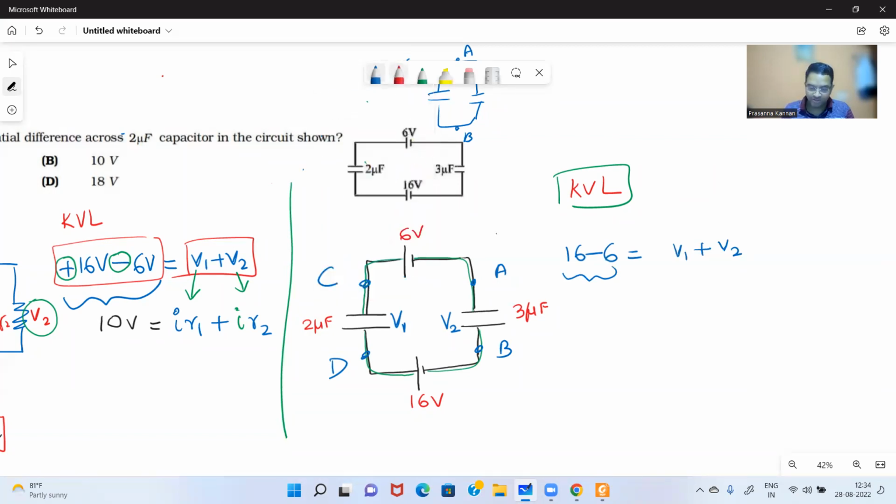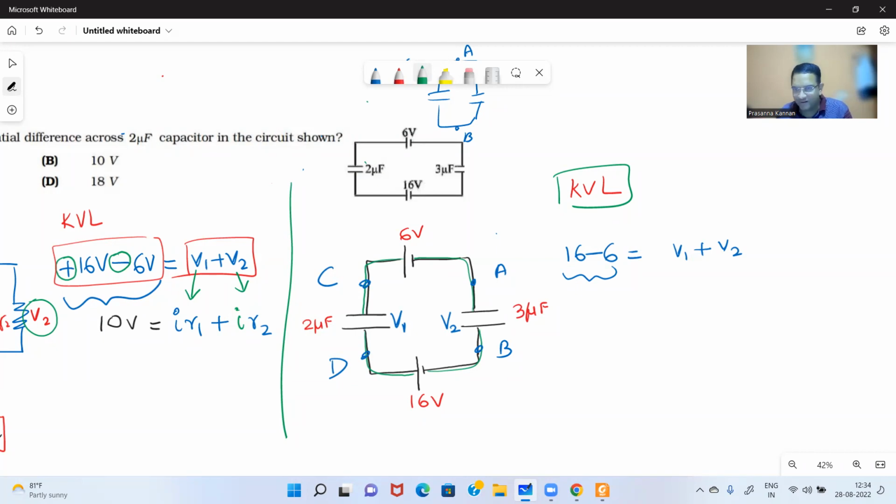What is the charge stored in the capacitor? Are the two capacitors having the same charge or different charge? Different charge. The two capacitors, how are they connected?